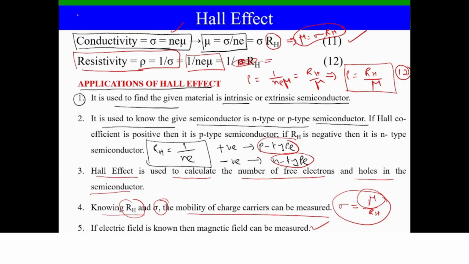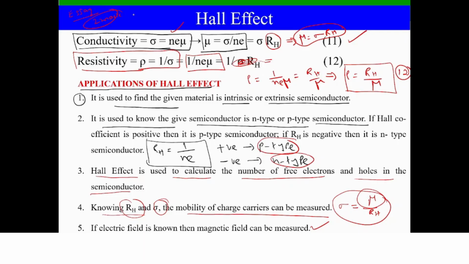This topic is very important for the university examination. So all of you go through these equations and practice well. This question can be asked in the examination, either as an essay question or as a 2-mark question.